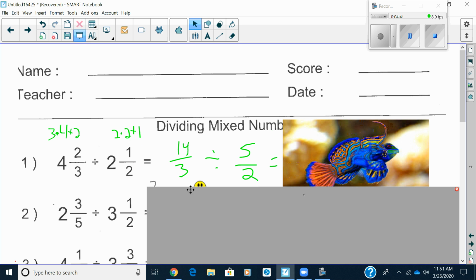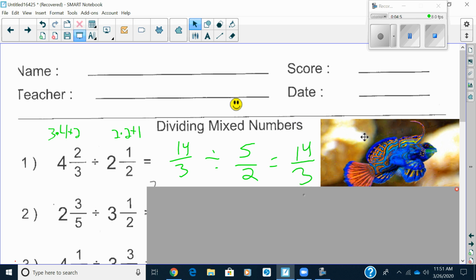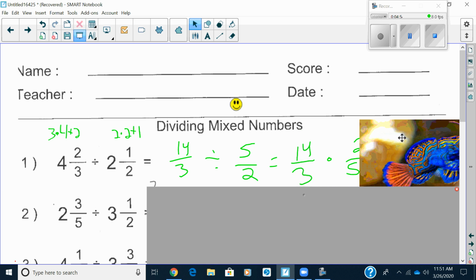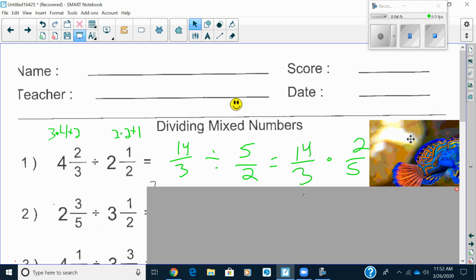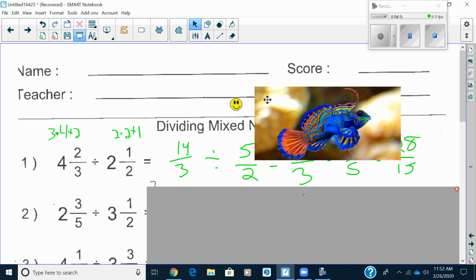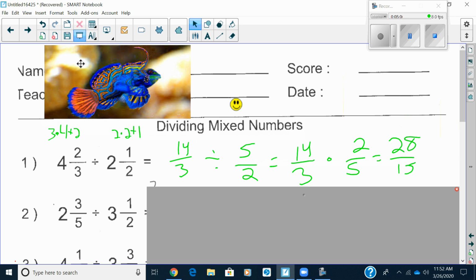The denominator stays the same. You don't have to get a common denominator. So the first fraction stays, changes to multiplication, and we flip, which equals 28 over 15.